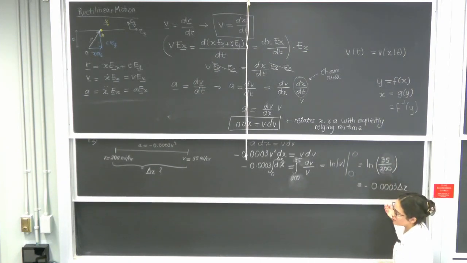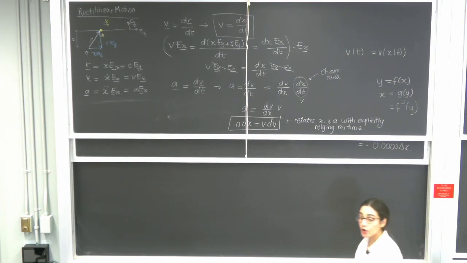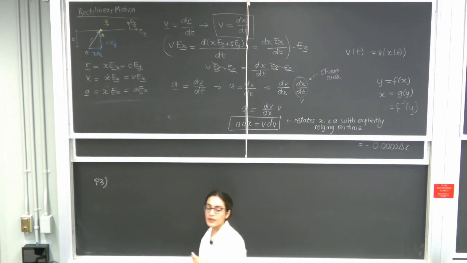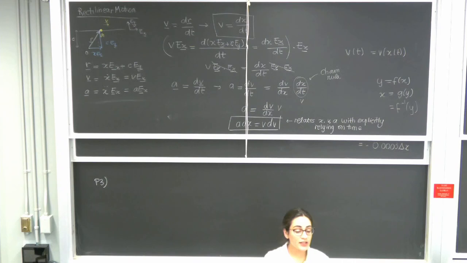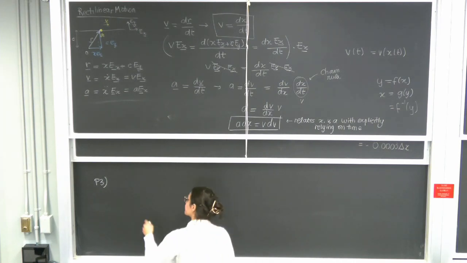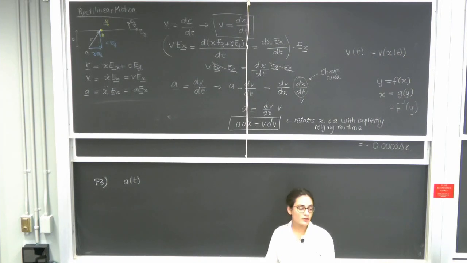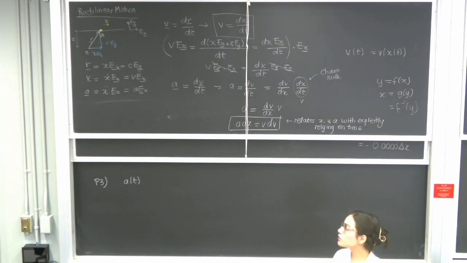Okay. Problem 3, I'll let you solve on your own, but I'll just discuss it a little bit. In that problem, the acceleration is given as a function of time. When the acceleration is given as a function of time, usually it does not make sense to use that equation, a dx is v dv.